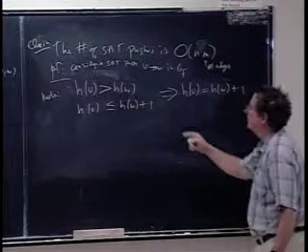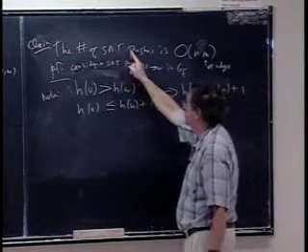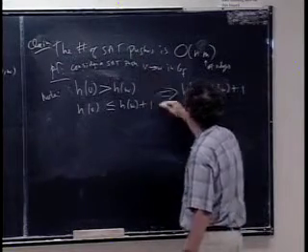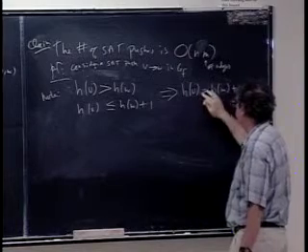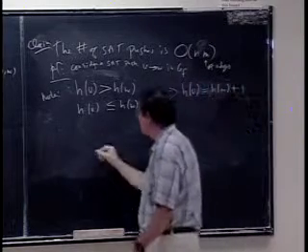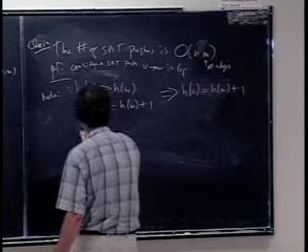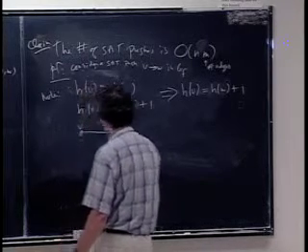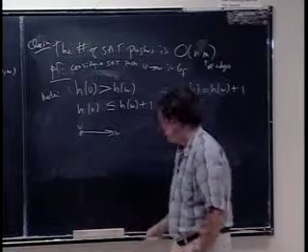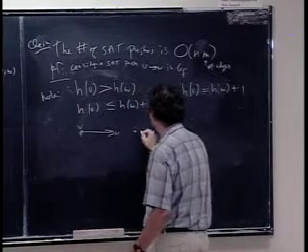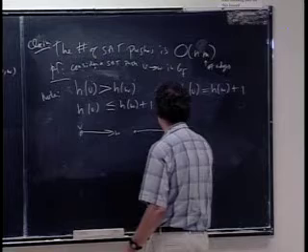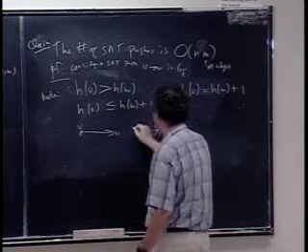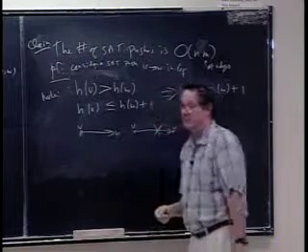Now, we're trying to count the number of saturating pushes. We're doing a saturating push from V to W, and at that moment we have that relation. So here you push from V to W. It's saturating, so that edge goes away from the residual graph.